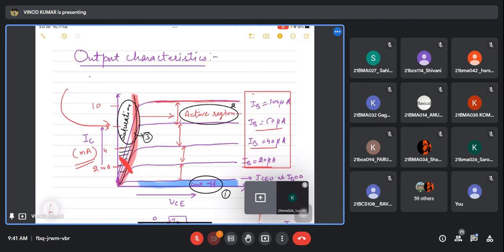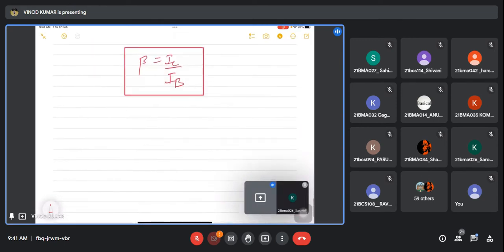Constant. Yes, sir. Yes, but it is IC versus IB. And this graph, if we see, is IC versus VCE. So we cannot say IC is constant. It is constant with respect to VCE, not with respect to IB. So this is a current control device, current control, current source device.